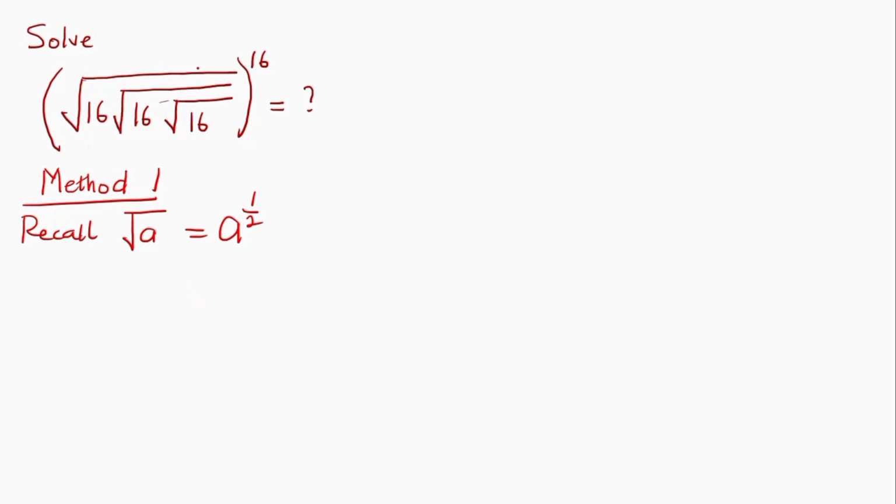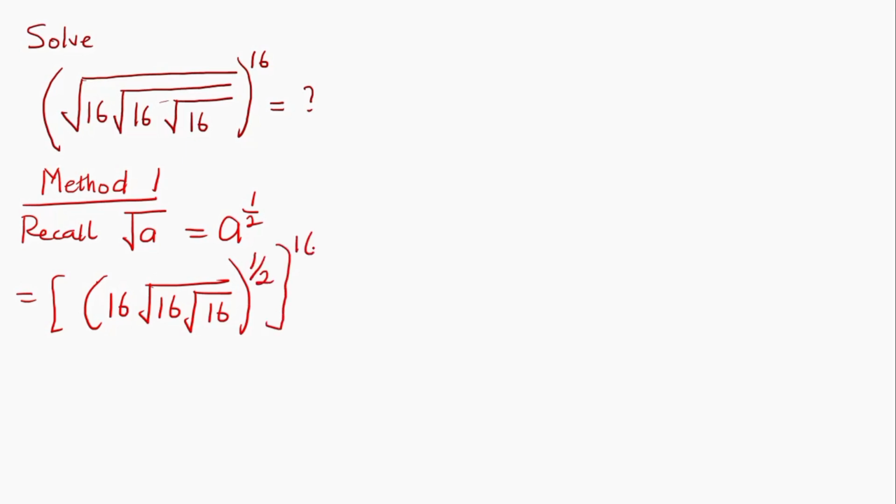So we can easily rewrite the first expression right here to become 16 to the power of the root of 16, all raised to the power of 1 over 2 times 16.